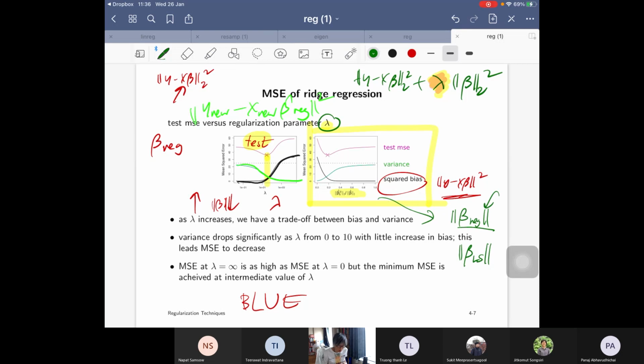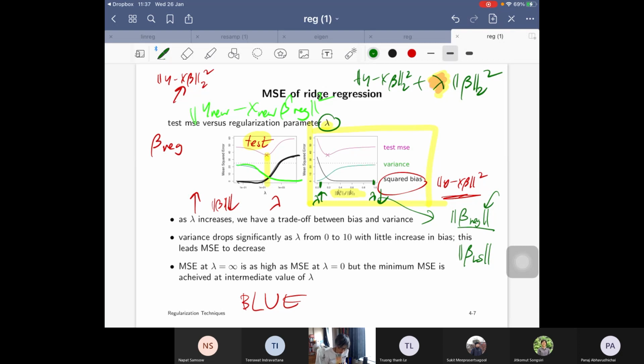So the x-axis of the right graph would be switched. A small norm in the regularized solution is when lambda is big, and here lambda is small.